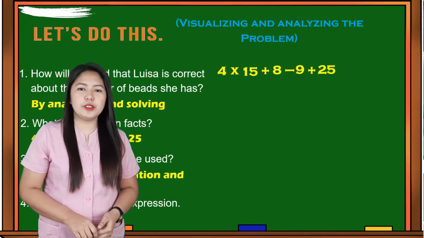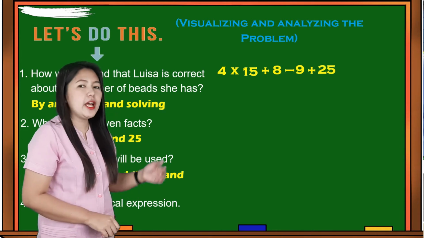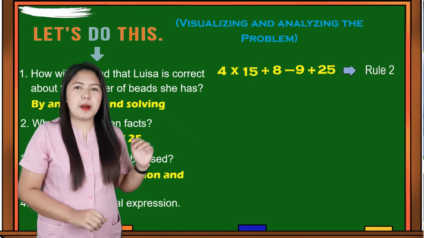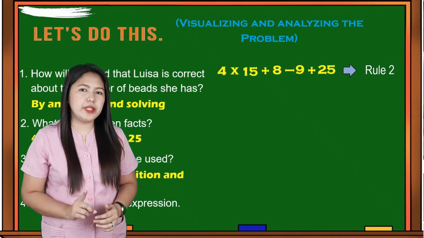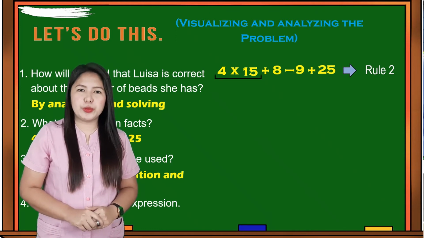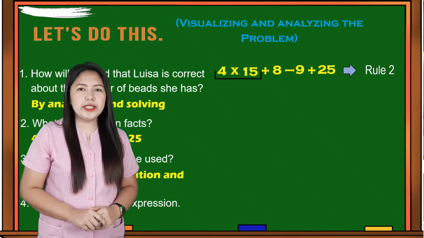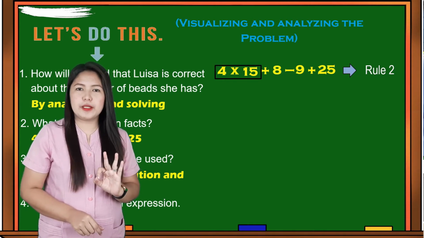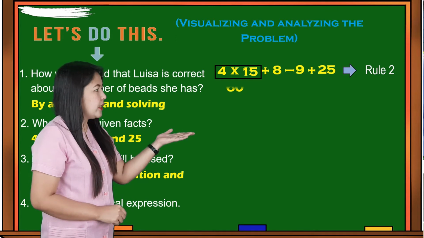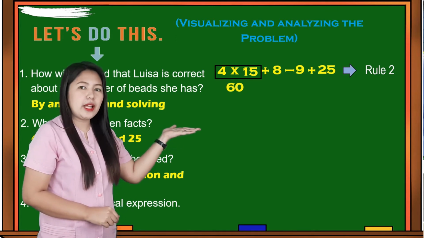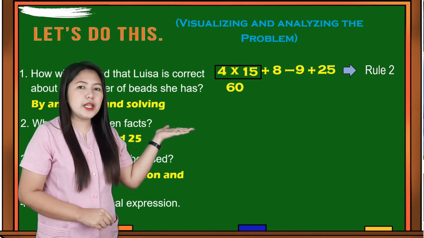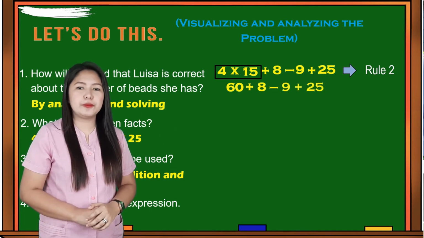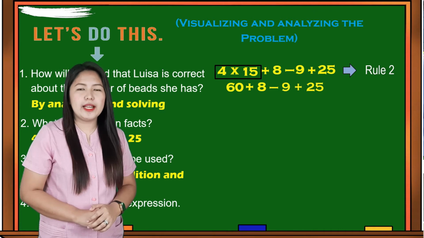Paano natin isosolve yung ganitong expression na mayroong more than 2 operations? Babalikan natin si PMDAS at si GMDAS rule. So kung titingnan natin or babalikan natin, meron tayong tatlong rules. So kung makikita natin sa expression, meron ba tayong rule number 1 na kung saan i-apply natin si parentheses or ang groupings? Wala.